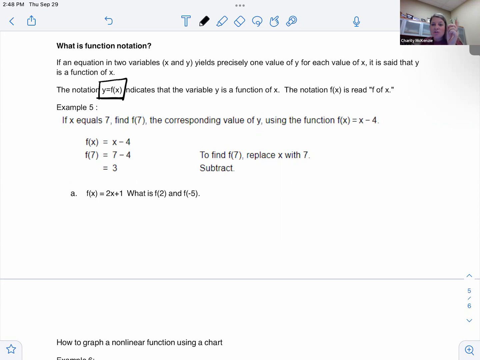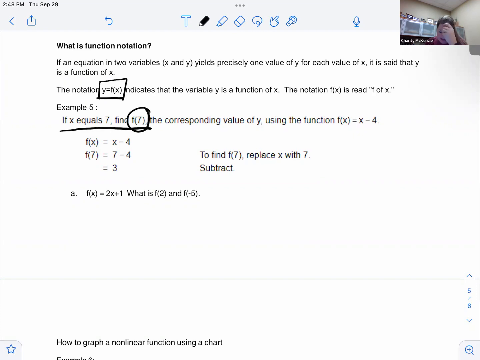That is function notation, and it's read f of x. What it really represents is that it shows your x and your y values at the same time. So if x equals 7, then you would write it like this in function notation. That 7, the x, goes in that parenthesis.